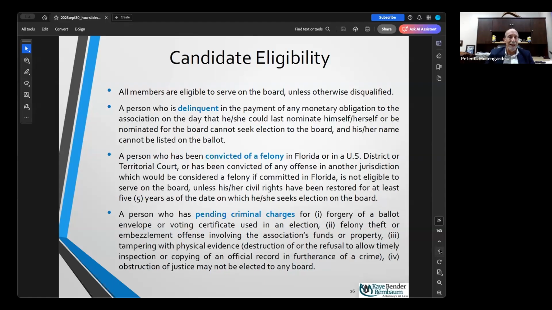Finally, a person who has a pending, not convicted, but a pending criminal charge for forging a ballot or forging a ballot envelope or a voting certificate, felony theft or embezzlement offense involving the association's funds, tampering with physical evidence, which would be the destruction of or the refusal to allow timely inspection or copying of an official record in furtherance of a crime, or obstruction of justice. For any of this kind of stuff, you're not eligible.